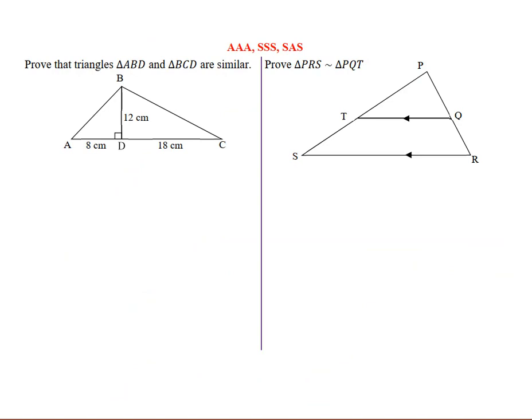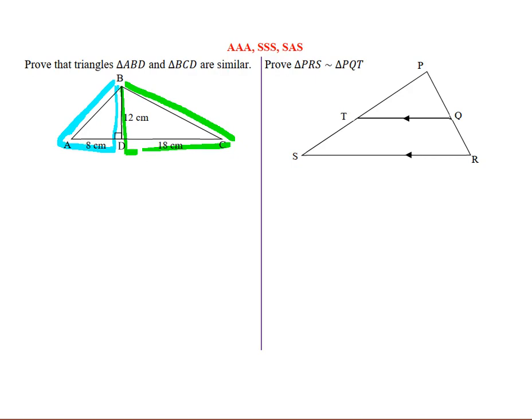Let's finish with a couple of proofs. So the first one, prove that triangle ABD and triangle BCD are similar. So I've got triangle ABD, which is this one here, and triangle BCD, so it's that triangle there. I'm going to try and prove that they're similar.